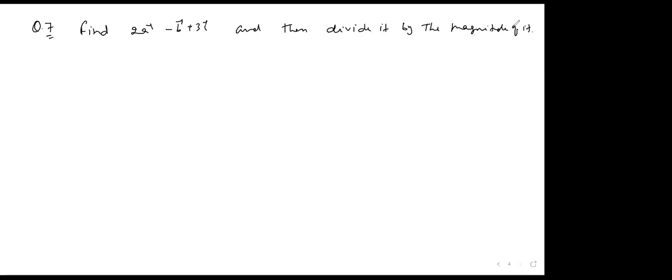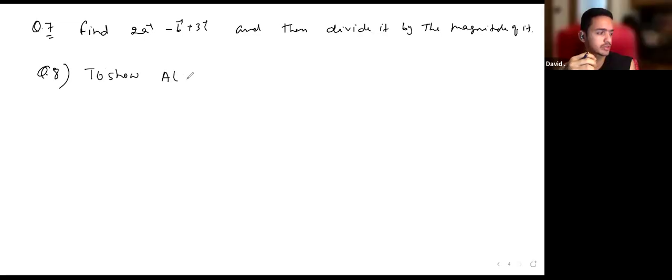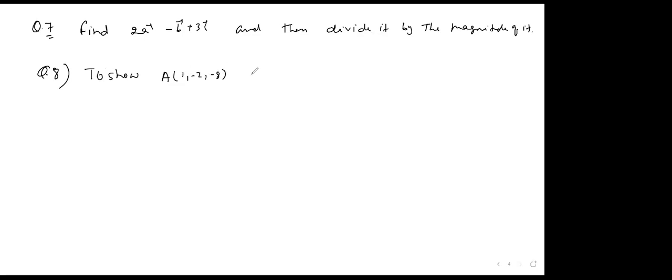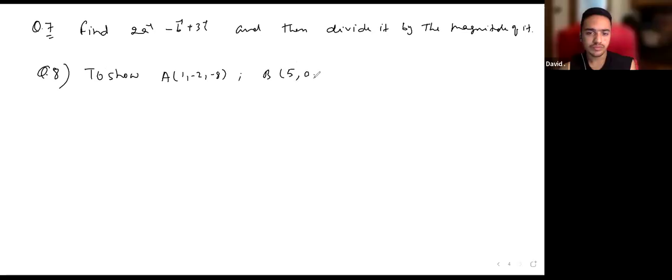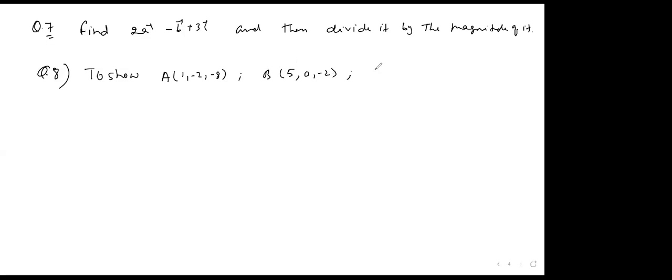For collinearity, question number 8 is to show that points A is (1, -2, -8), B point is (5, 0, -2), and point C is (11, 3, 7) are collinear.